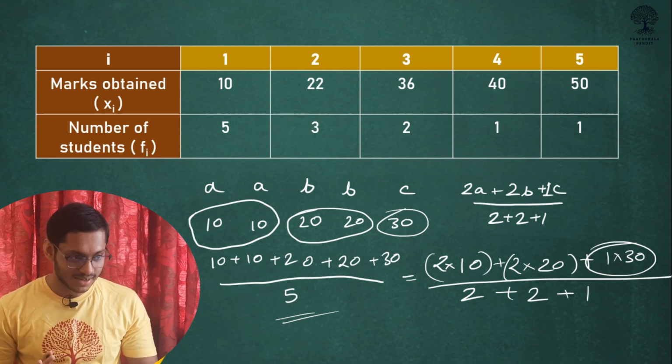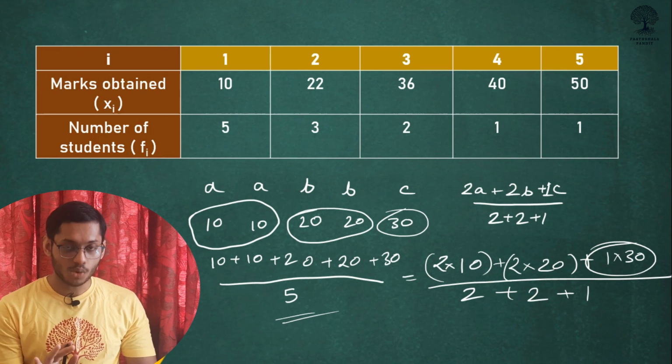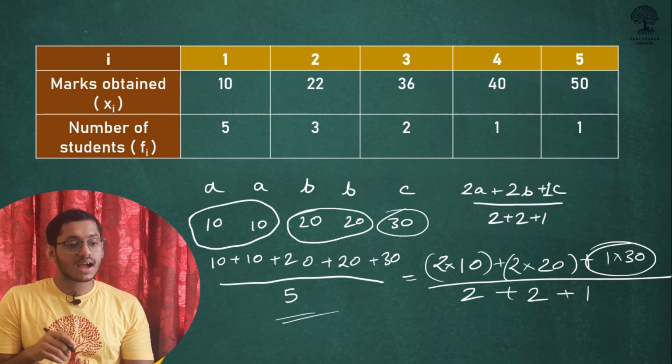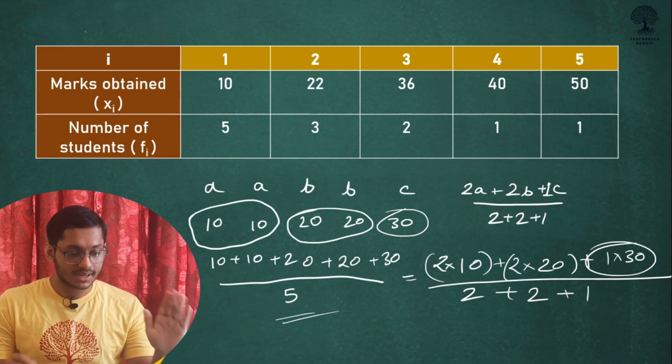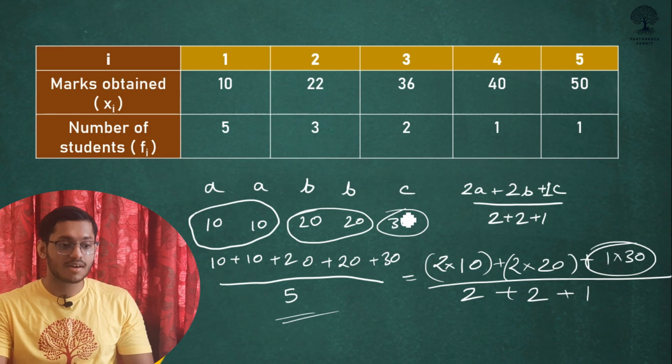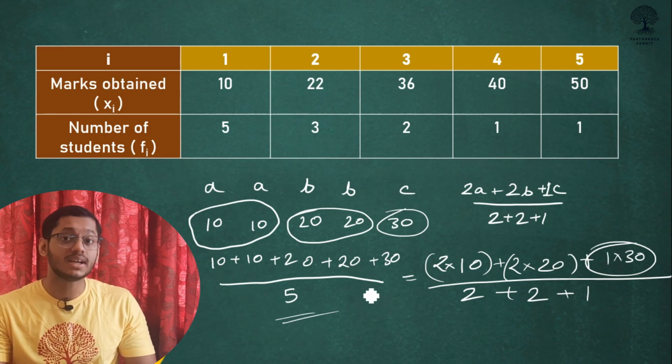Now suppose that I am given this 5 people data in the form of a table.